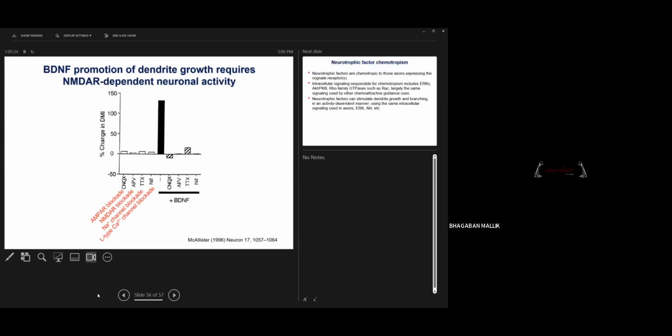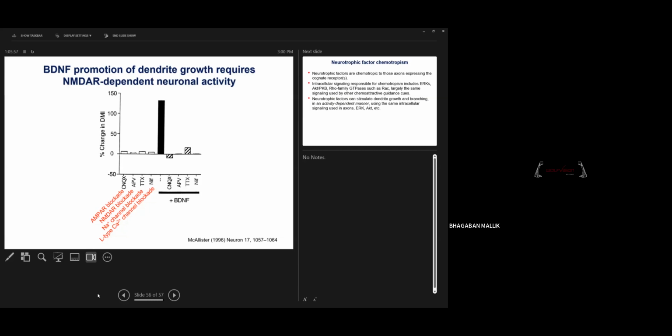So here, quantifying that in the control, they have blocked the AMPA receptor, NMDA receptor, or the sodium channel. These are required for the activity, or the L-type calcium channel. In all these situations, you do not see neuronal growth. But when they added BDNF to the control, you see more neuronal growth.